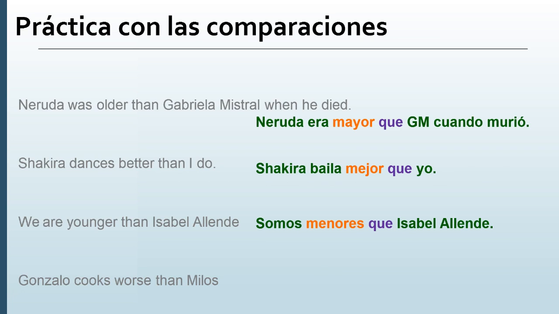Gonzalo cooks worse than Milos. Gonzalo cocina peor que Milos. So hopefully those two structures make sense to you. And by two structures, I'm referring to the más menos, either adjective or adverb, and then the mejor peor que o mayor menor que.